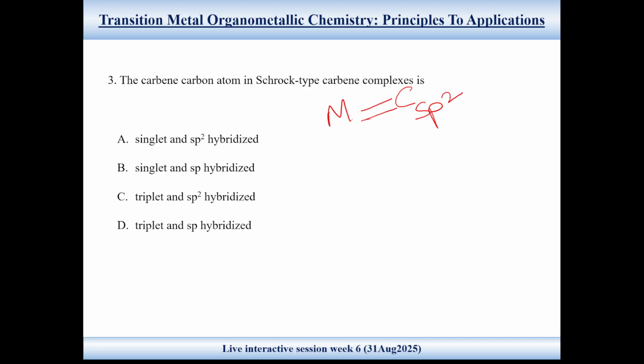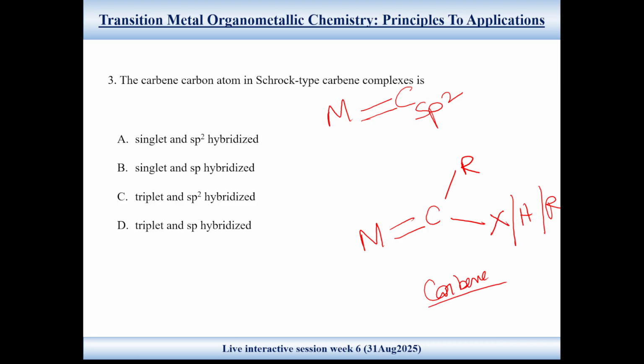That means the metal is bound to C double bond C. Now the metal binds to a carbon atom like this, and depending on the substituents on it, R, X, or H or R, this is called the carbene.